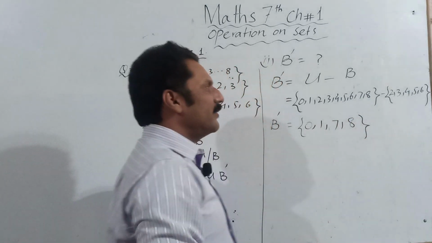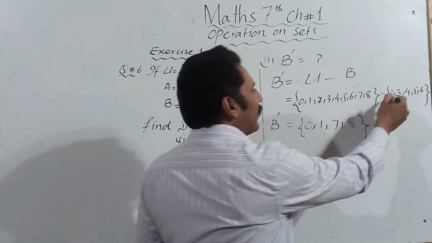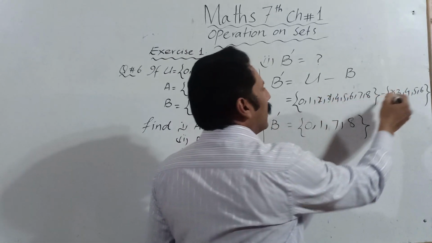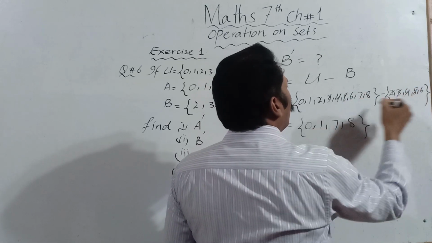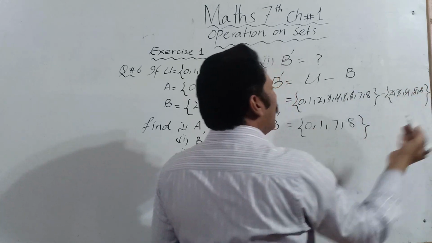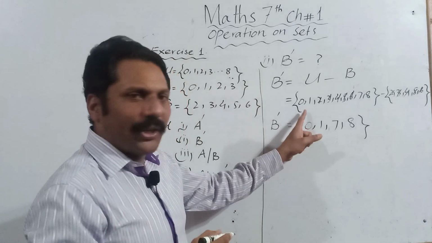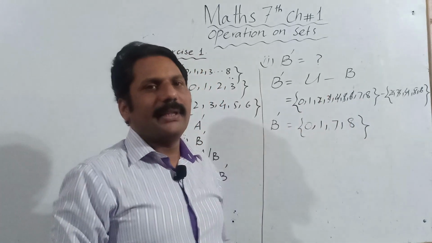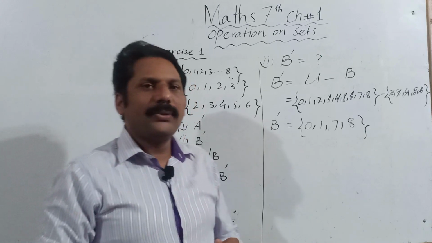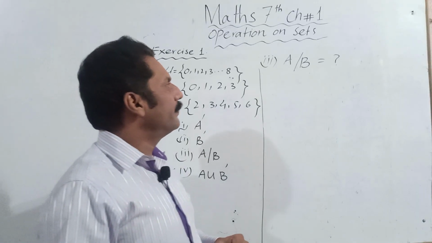Okay, so in the previous method, you can cancel the same elements. The elements which are left in U, that is your answer: 0, 1, 7, 8. That is the answer. Let's do the third part.